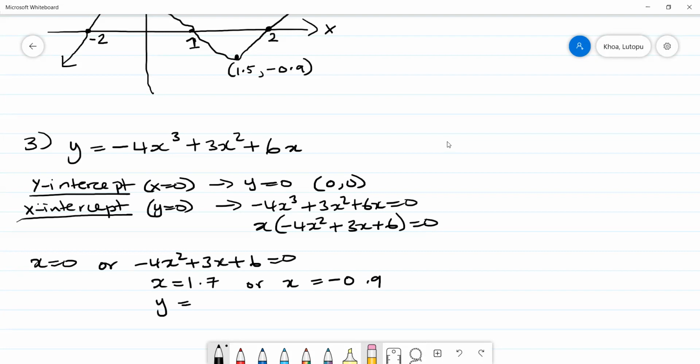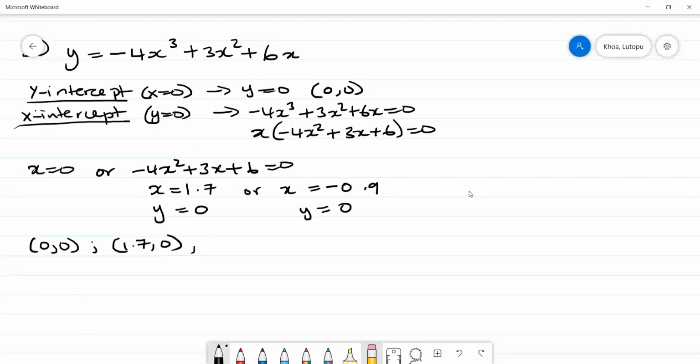The y-coordinate here will be 0 in both cases, because these are x-intercepts. So we have the origin, 1.7, 0, and negative 0.9, 0.